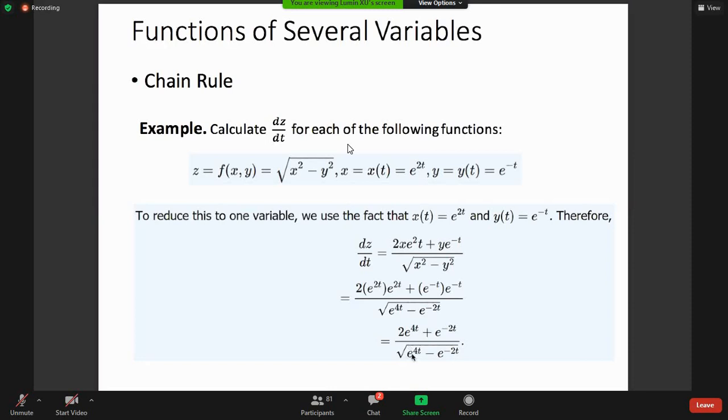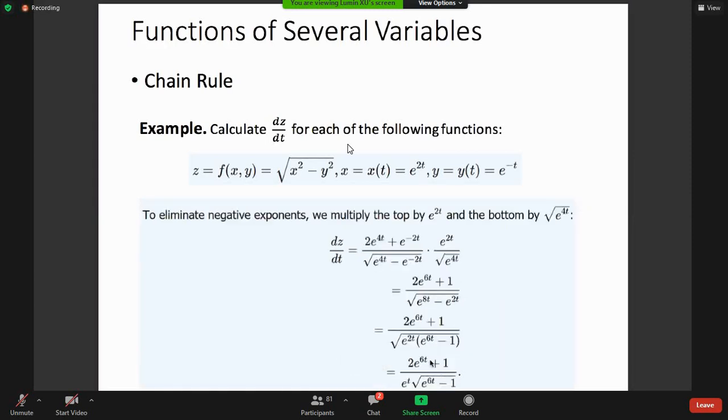Then we can also simplify this equation just like that. But this is the first kind of solution to this example. And we also have another way to solve the problem.